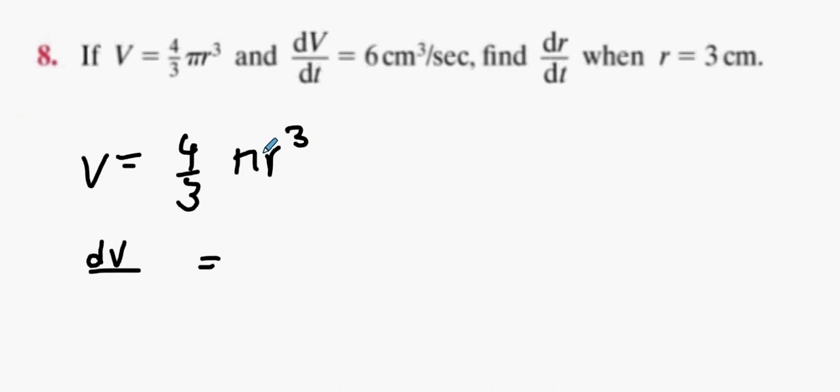Alright, it's 4 thirds times 3. So what's 4 thirds multiplied by 3? 4, good man. 1 to the power 4 squared. What letter is underneath the dV? What letter did you differentiate? So it's dV/dr, right? What's the point of the question?